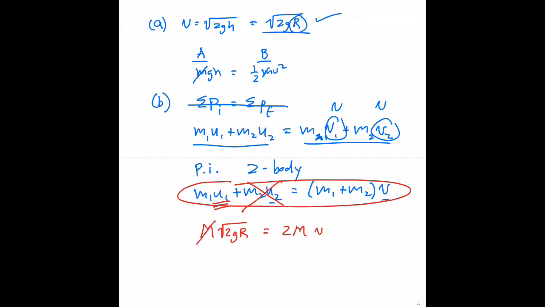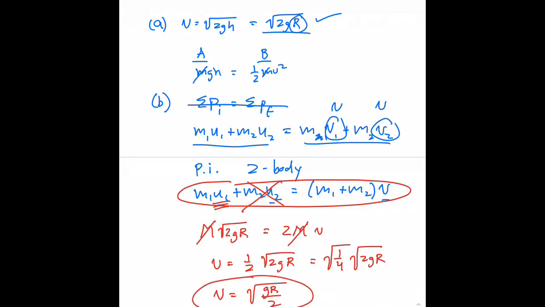So we can cancel the m on both sides of the equation, and it looks like the final speed of the two blocks is 1/2 of the square root of 2gr. If we want to get that all together, we can say that is the same thing as the square root of 1/4 times the square root of 2gr. And so the end result is it's the square root of gr over 2. So there's our answer to part B.